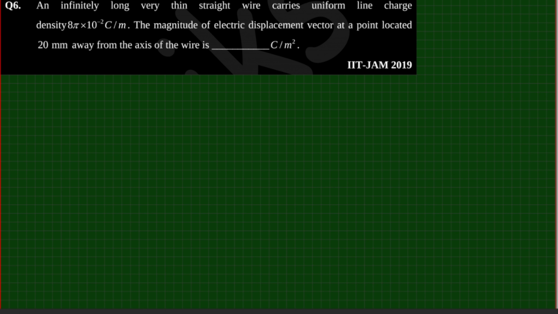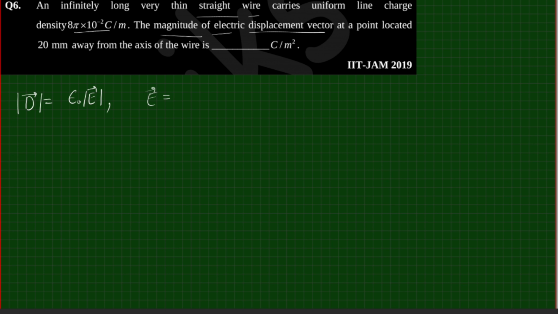Next question is related to the displacement vector, where for a thin straight wire lambda is given. The magnitude of the electric displacement is asked. The displacement vector is given by epsilon naught times the electric field. So we have to calculate the electric field.